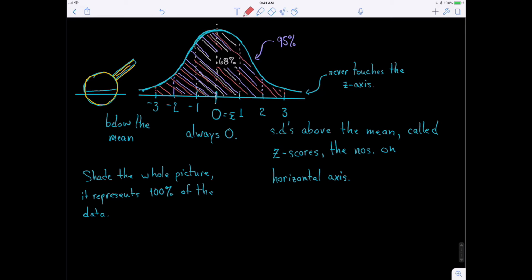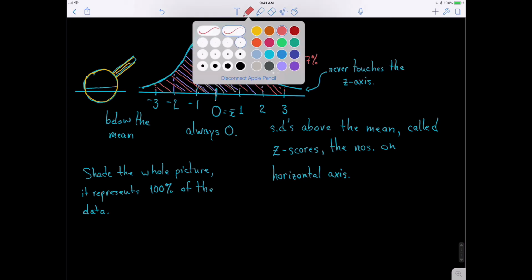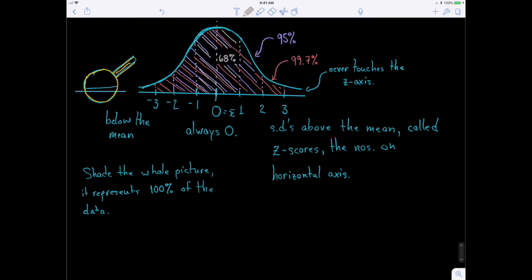There's this little tiny space left out in those tails, and they do have values. So we haven't shaded 100%, but we've shaded 99.7% of the data. And this pattern is called the empirical rule.